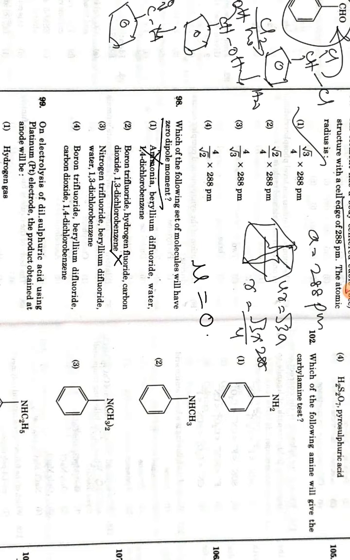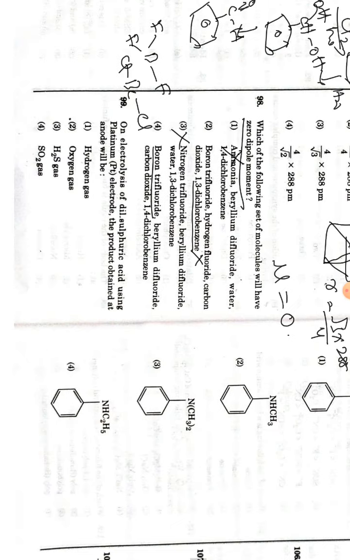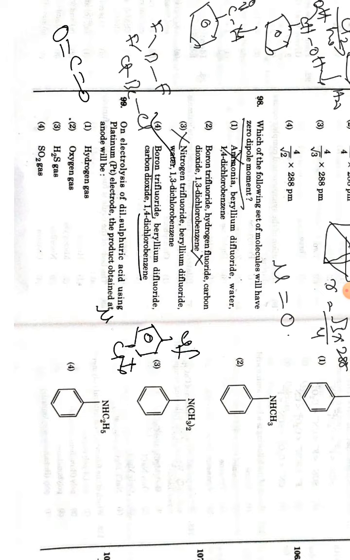Nitrogen trifluoride, water is having lone pair of electrons, discard this one. Now coming to boron trifluoride, which is sp2 hybridized, and beryllium chloride, Cl-Be-Cl, sp hybridization. Carbon dioxide is also sp hybridization, and 1,4-dichlorobenzene, the vectors will cancel and dipole moment will be 0. So for this 98 it will be 4.